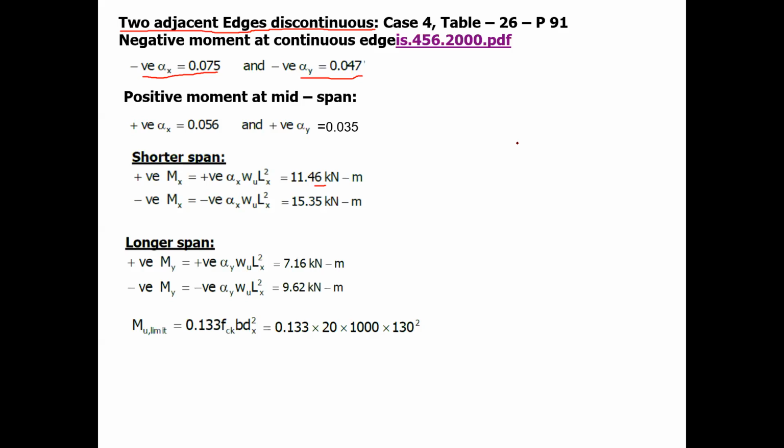Sir, B value is 1000? Always B will be 1000 only for slabs, because you consider per meter. Okay, sir. Only in slabs, not in beams. So 44.95. Okay. Is there any doubt till here?